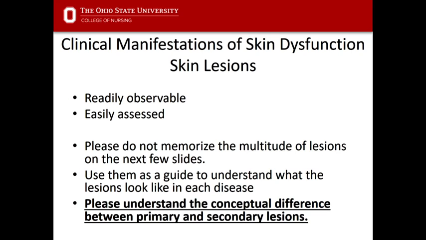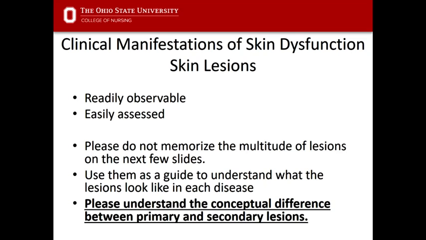I don't want you to memorize those. There are going to be a lot of different primary and secondary lesions. I really want you to use those as a guide to understand what these lesions look like in each disease, because I'm just going to refer to, for example, a macule that's formed, and you can go back to these slides to see what exactly a macule would look like.